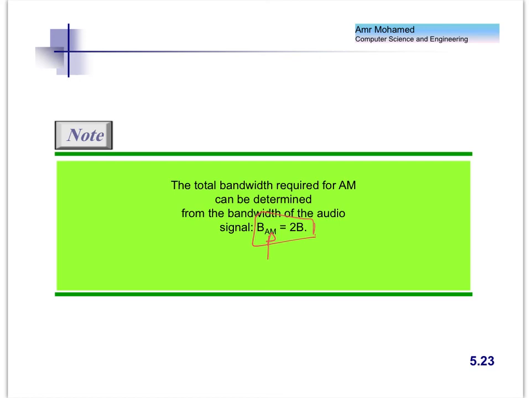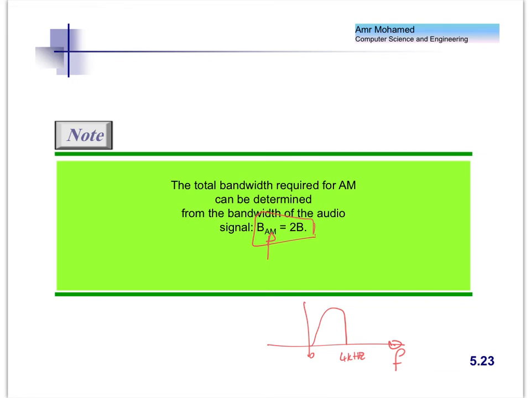And of course, we all know AM radio. In AM radio, we have our voice. Our voice itself has a bandwidth which ranges from 0 to 4 kilohertz, right? This is our voice. So if we do a radio broadcast using AM, we expect the bandwidth of the AM composite signal to be how much?